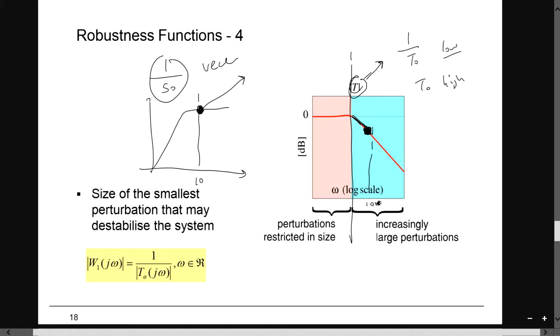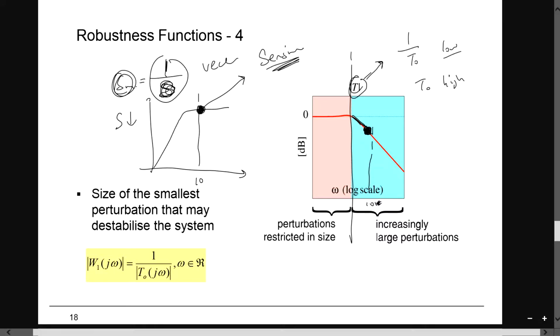Then the part that governs the sensitivity function, 1 over S, which equals Sm, for example. At this point, if this is big, then the sensitivity function will be decreased. S will be decreased.